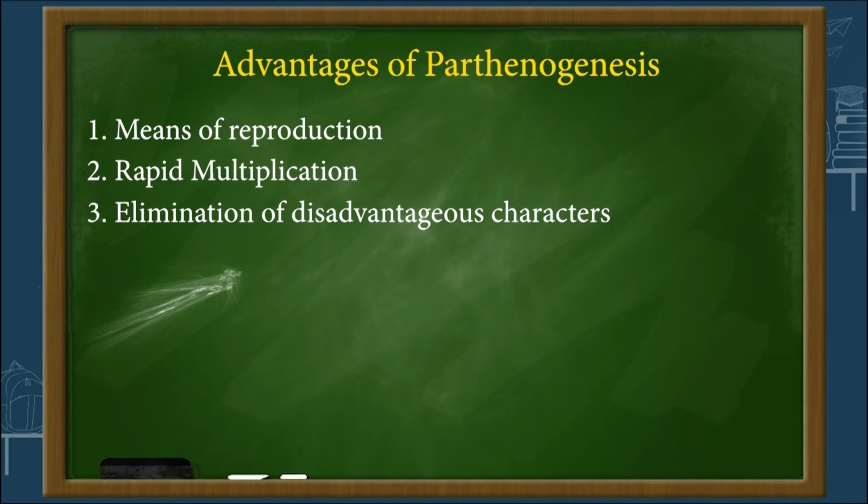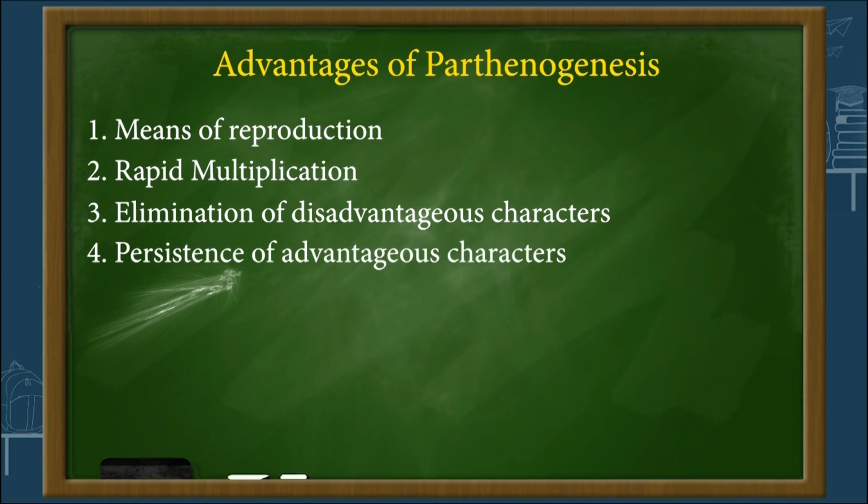Number 3, elimination of disadvantageous characters. That means parthenoids with unfavorable mutation are eliminated altogether from the population, as there is no meiosis nor amphimixis. Number 4, persistence of advantageous characters. Sometimes useful characters appearing in the parthenoids are retained, as there is no genetic segregation.